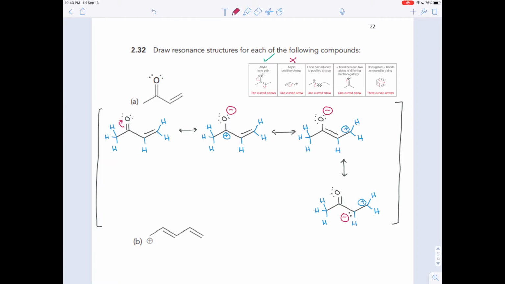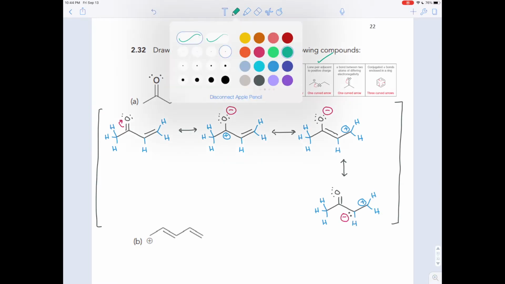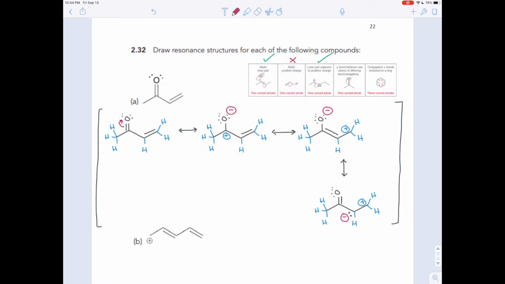How about a lone pair adjacent to a positive charge? That we do have. This lone pair, if you go just 1 atom over, you're at a carbon with a positive charge. So we do have this pattern. So when you have that pattern, the lone pair would go to form a pi bond toward the positive charge.